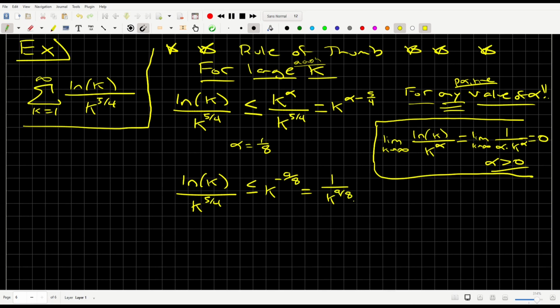And we know that the infinite series generated by this sequence, 1 over k to the 9/8, is a p-series with p greater than 1, so it converges, and therefore we expect this to converge as well.